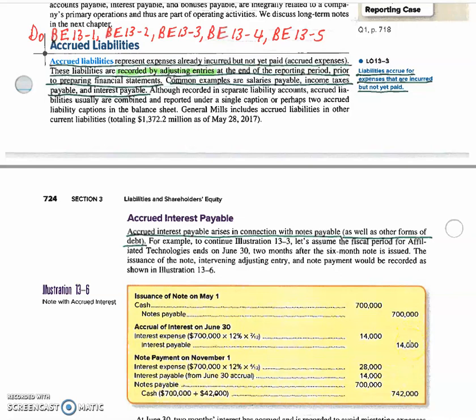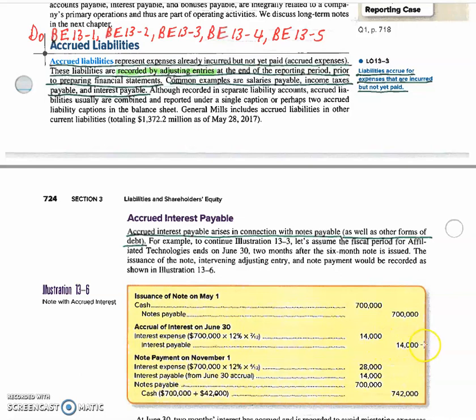We've already recognized the expense for that on June 30th. So on November 1st, when we pay off the note, we don't want to expense this again. It's already been recorded as an expense.